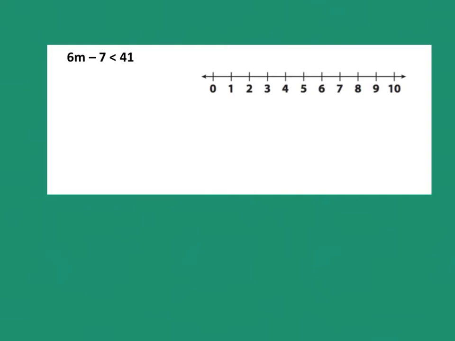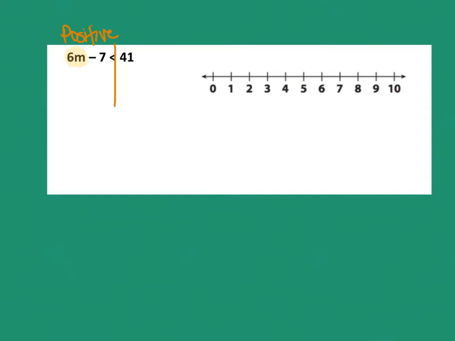Okay, so now we're going to work two examples. We are going to first identify if the variable is positive or negative. Okay, 6m. So this is positive, so we keep the sign the same. I just solve my question the way that it's set up.